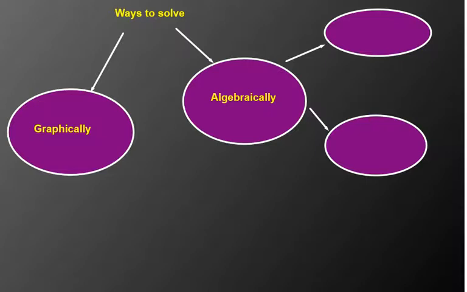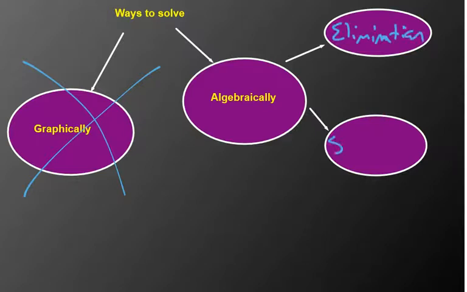And just to summarize how we solve these, you could graph things out and look at the picture to figure out where they intersect, but that's a horrible idea. Never do it. The other ways are good: elimination and substitution.